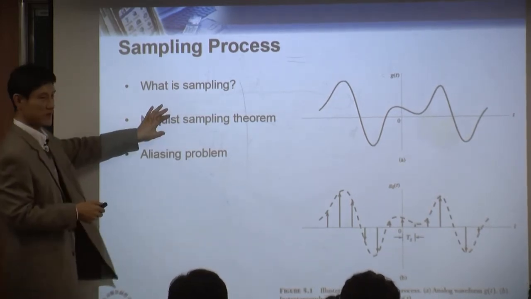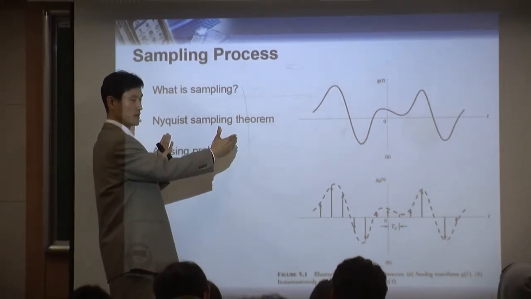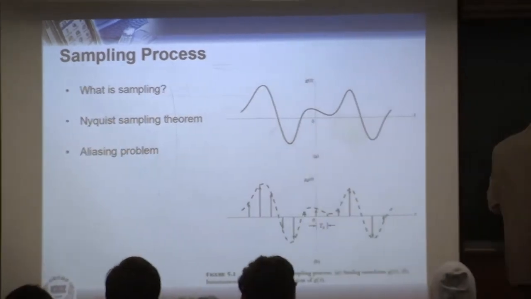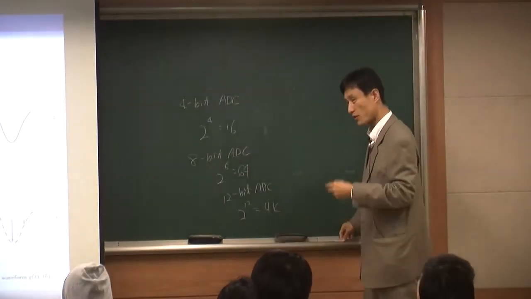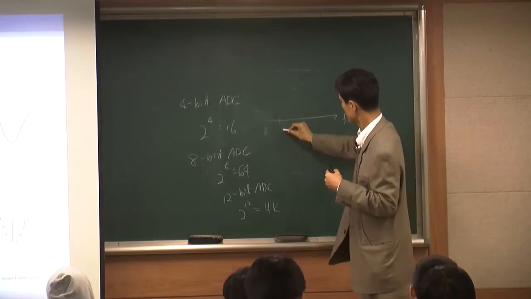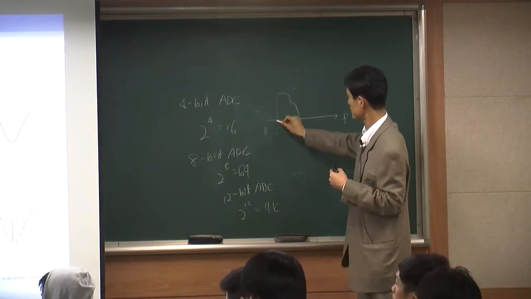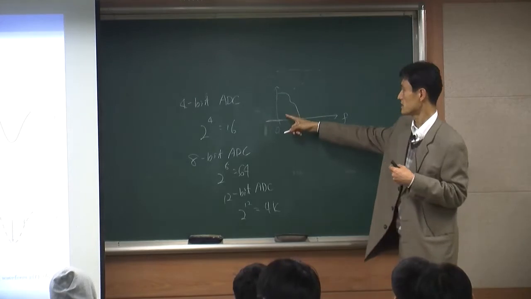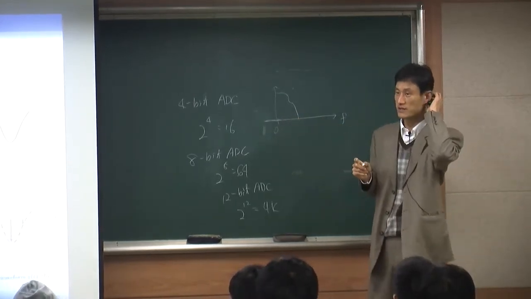The Nyquist sampling theorem tells you that when you look at the frequency content of your original message, in the frequency domain, it has this kind of frequency distribution. This is the frequency bandwidth of your original signal.